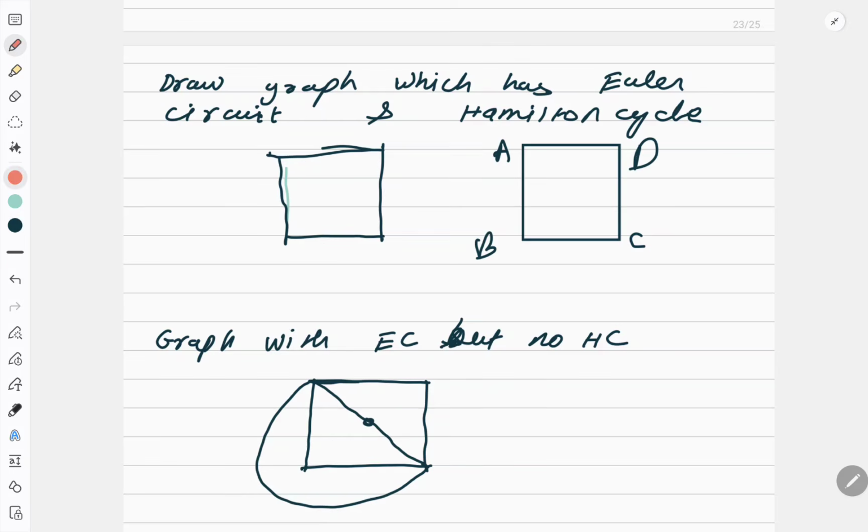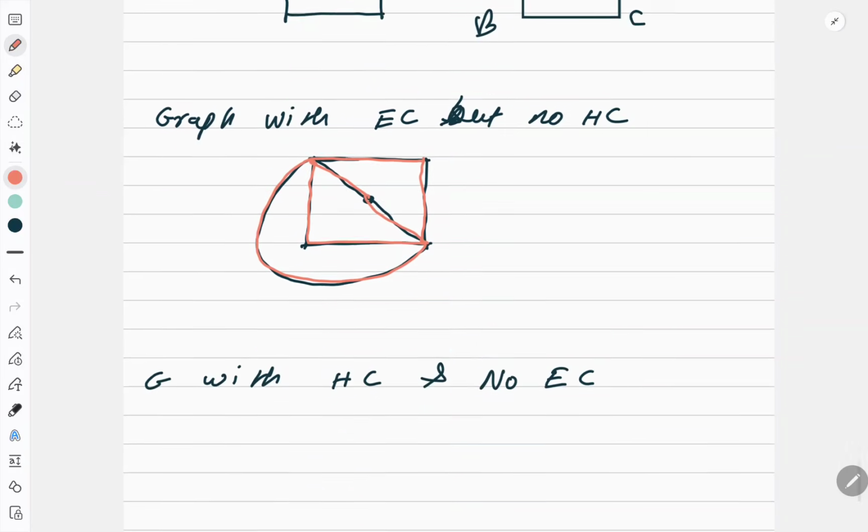If I am searching for an Euler circuit, I should start with this edge, cover this edge, this edge, this edge is also covered, this edge and this edge. So I got an Euler circuit. So it is an Euler graph. But if you start searching for a Hamiltonian cycle, you will not get one. We will prove some results which we can apply directly here. But if you try like this, you will not get it.